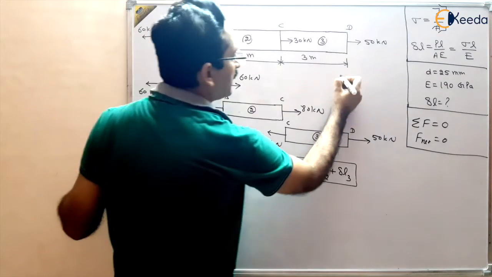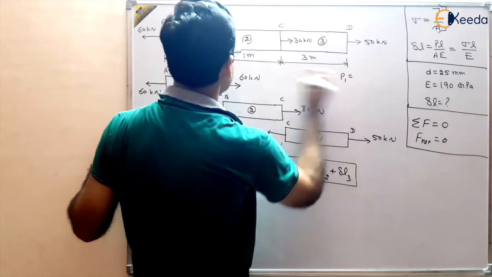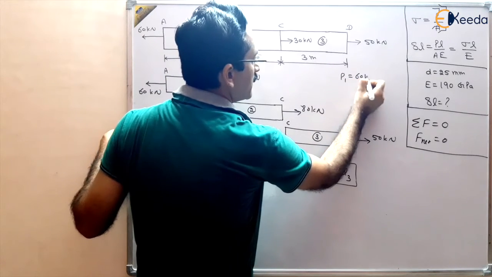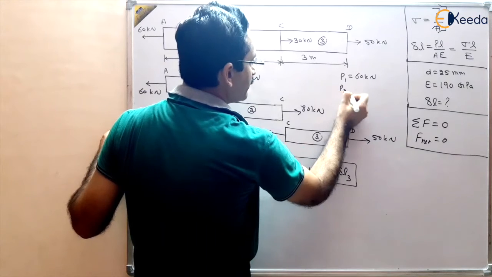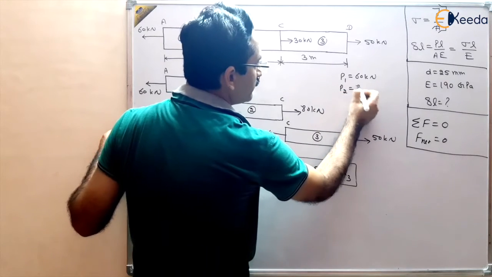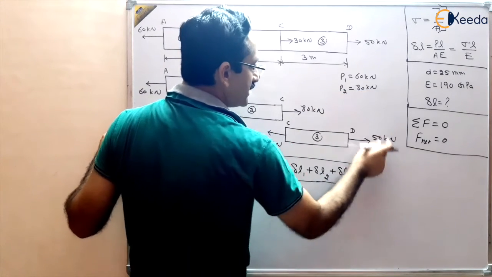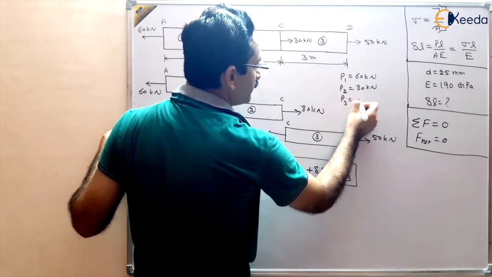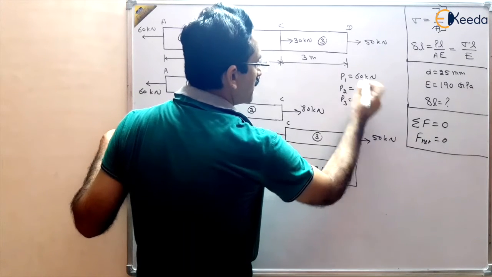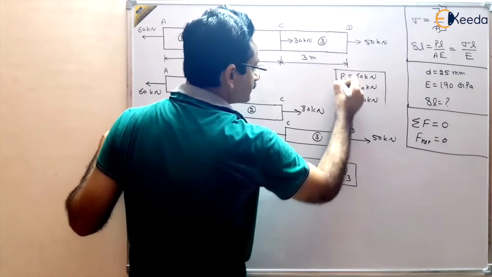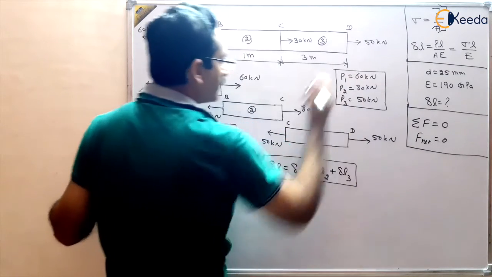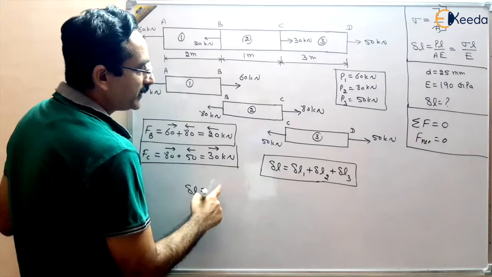So P1 is basically 60 kilonewton, P2 is 80 kilonewton, and P3 is 50 kilonewton, right? These are the loads. So we can apply PL upon AE.